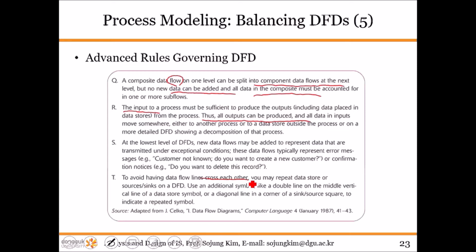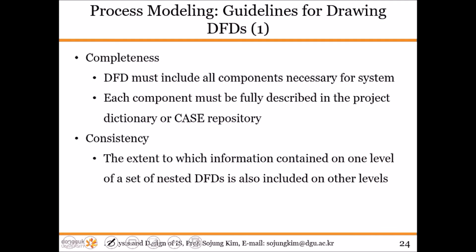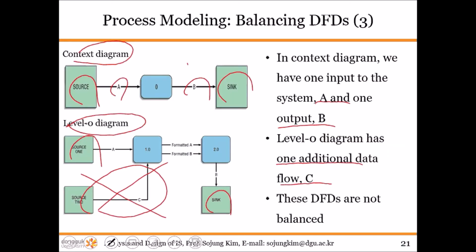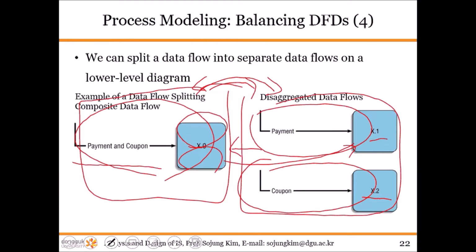So use an additional symbol like a double line on the middle vertical line of the data store symbol, or a diagonal line in the corner of the sink or source square to indicate the repeated symbol. Okay, so this is the additional information for you, but don't worry too much about it. You can just focus on the disaggregation or aggregation and then balancing here, right?